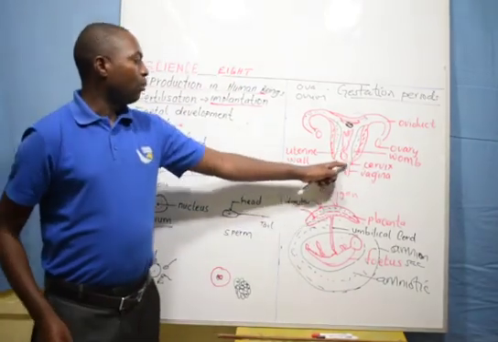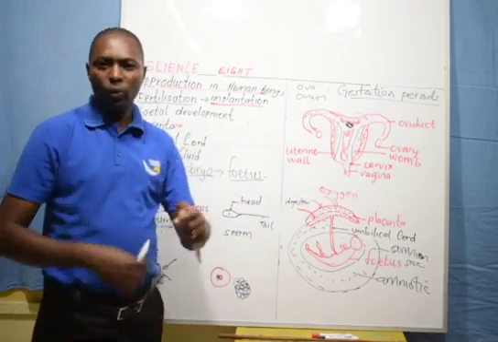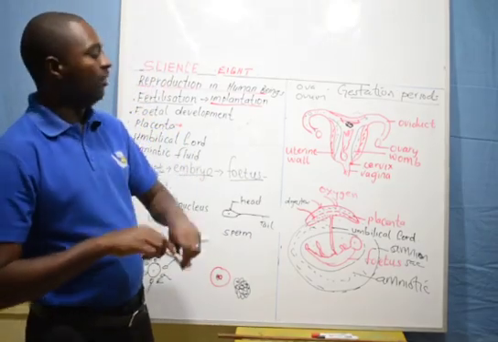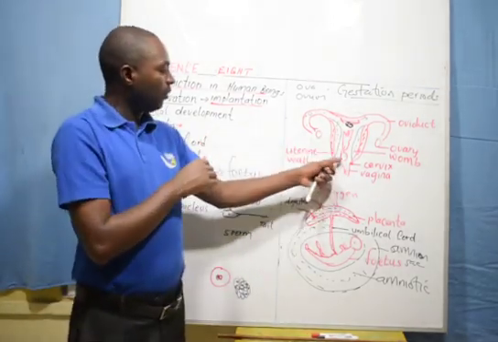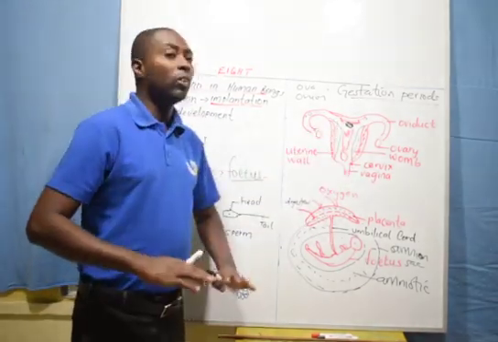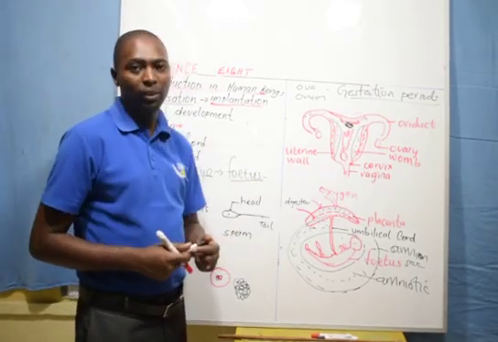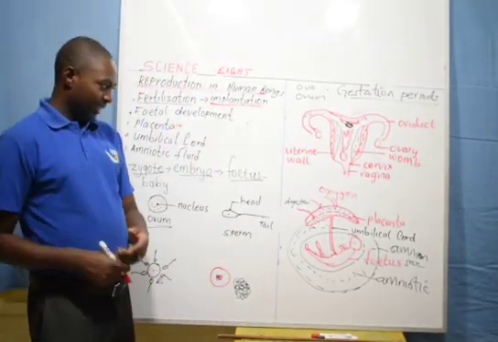Why? For proper delivery, the head must be facing downwards. That is what we call normal birth. If the head is not facing downwards, and the legs are facing the other way, we call that breech birth, and it is dangerous to the mother and also to the baby during birth.